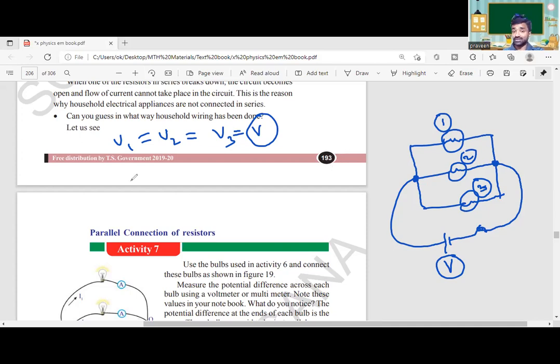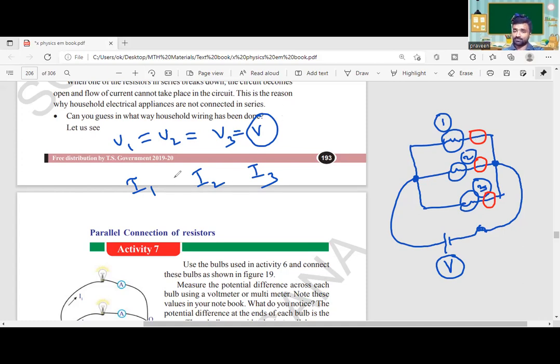Then you need to measure the current values through the individual bulbs, I1, I2, I3. So use an ammeter connected in each branch, and note down the values as I1, I2, and I3.